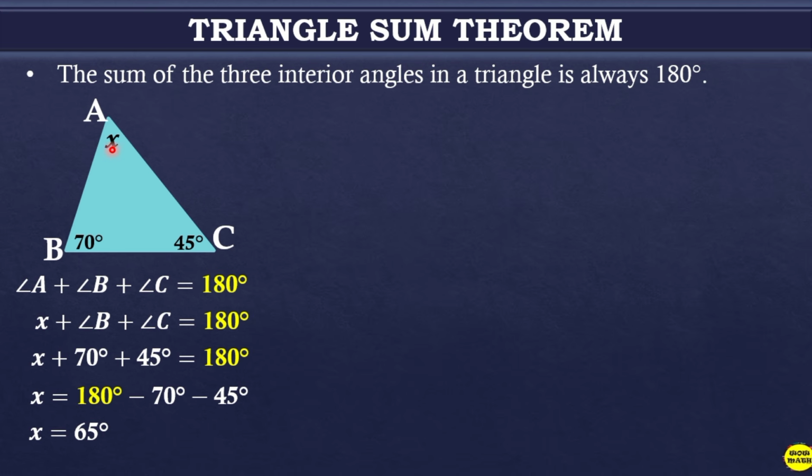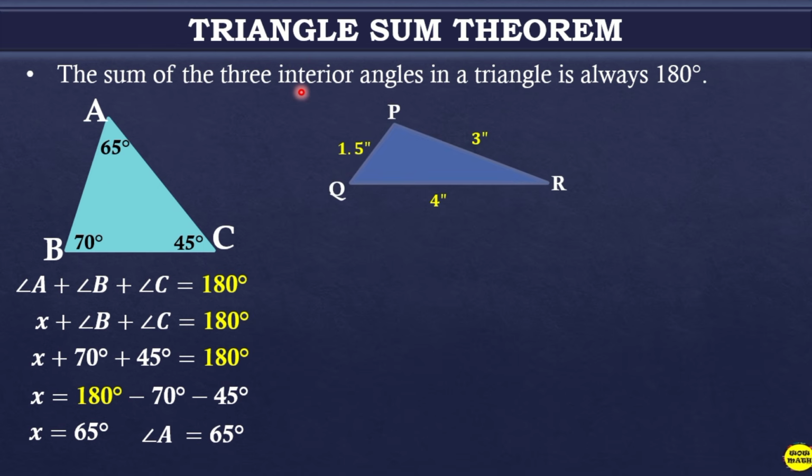So, ibig sabihin, yung angle A mo is 65 degrees. Ayan siya. Okay? So, pag inadd natin si 65 plus 70 plus 45, that is equal to 180. So, ganun lang po palagi. The sum of the 3 interior angles is always 180. And that is the triangle sum theorem.